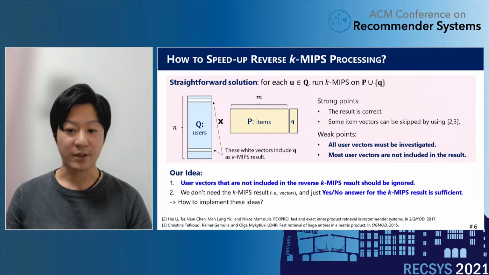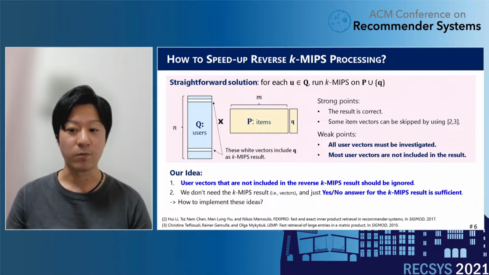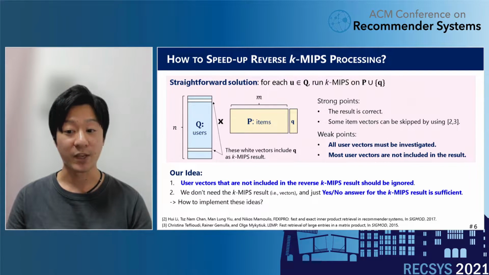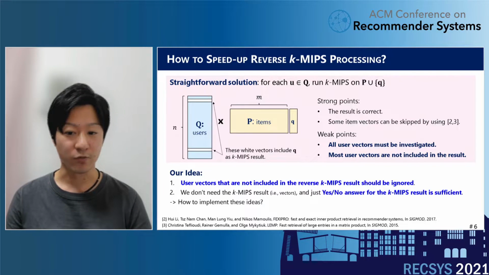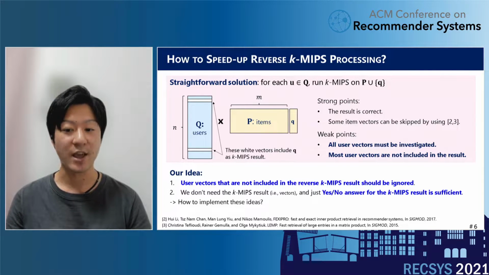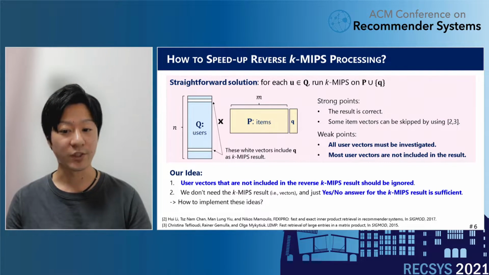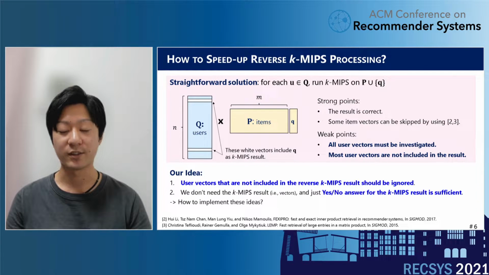Now let's go back to the straightforward solution. This approach runs a K-MIPS algorithm for each user vector. This solution provides the exact result and can exploit existing techniques. However, it must check all user vectors, although most of them are not included in the reverse K-MIPS result. To avoid this drawback, we use two ideas.